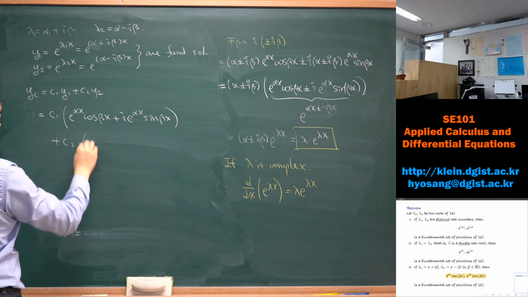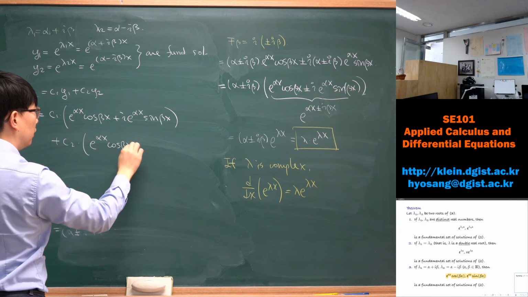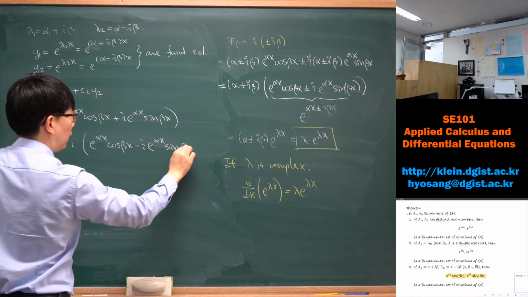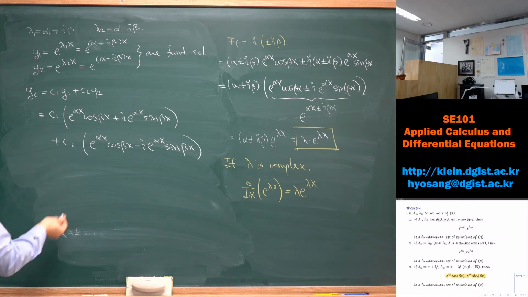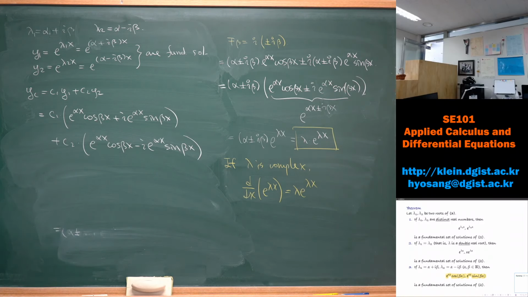And here C2 times e to the alpha x cosine beta x minus I e to the alpha x sine beta x. This is the general solution. And it seems like we have an I in the formula, so it seems like it's a complex number.